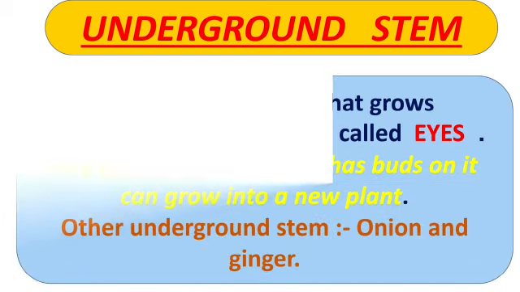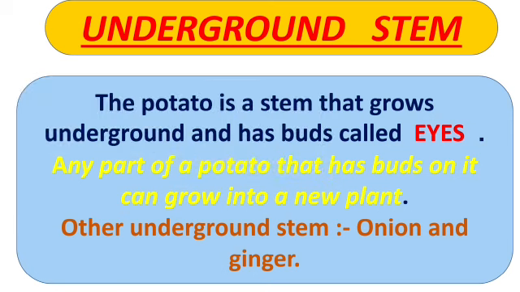Now come to the next one, that is underground stem. First of all, do you know children, potato is an underground stem. The potato is a stem that grows underground and has buds called eyes.